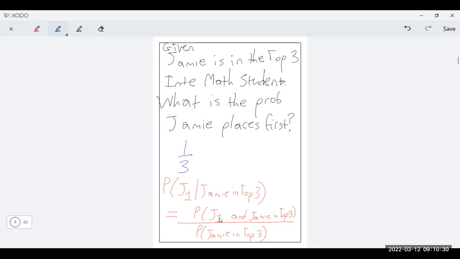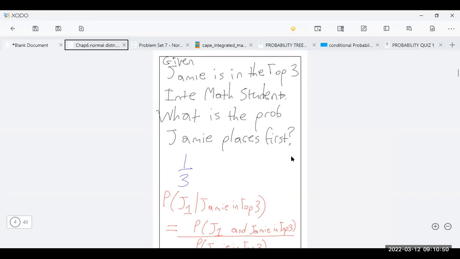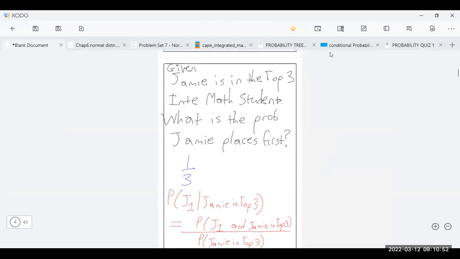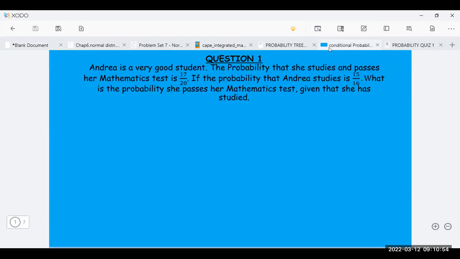I can show you the full expansion where the 1/11 and the 3/11 cancel out to end up with 1/3. Don't need to show all of that, but I'm showing you the formula that we'd actually use to work that question out. So let's see how we're going to apply this one formula to many different questions, because of course, they'll change the style of questions.